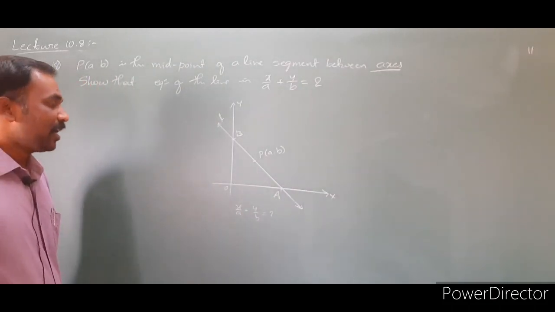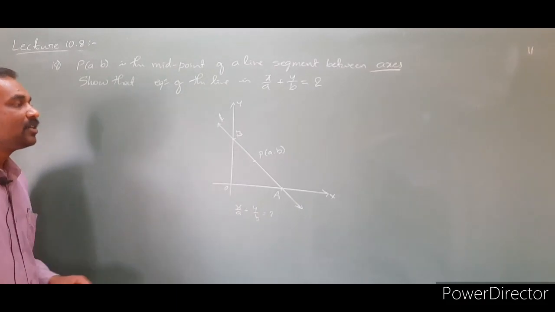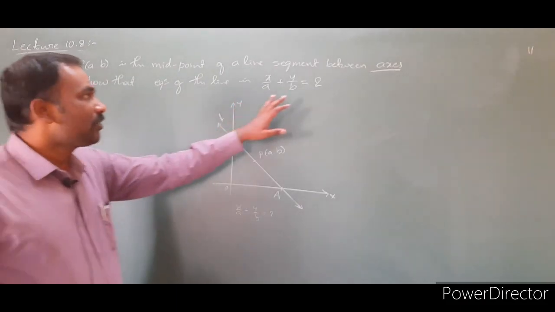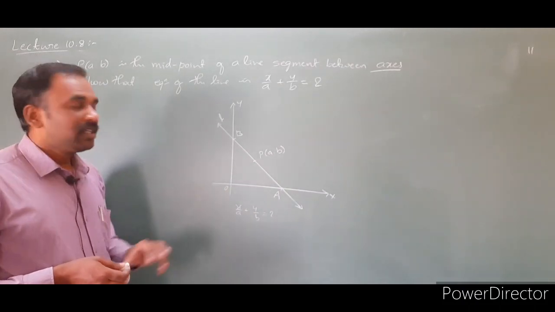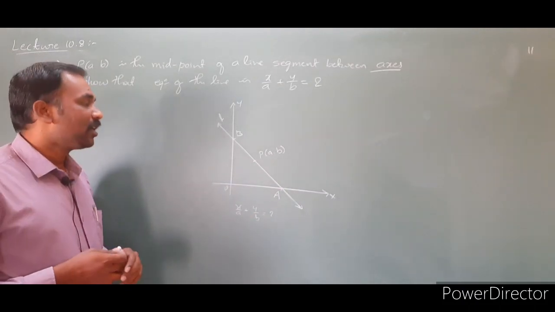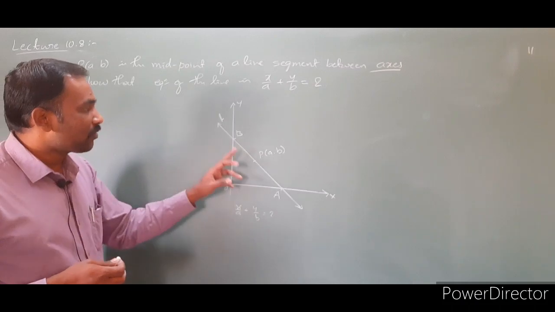Are you clear? Now how will you show that the equation of the line is this? Actually, they have given a midpoint. If it is a midpoint, how do we find the equation?